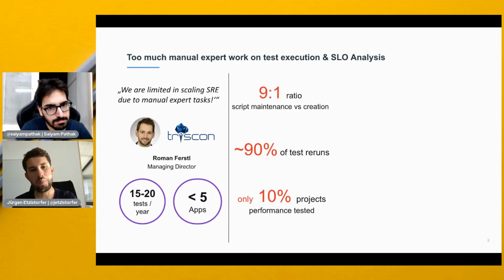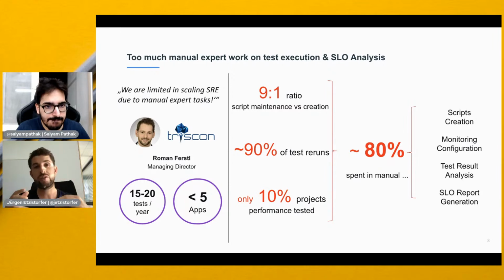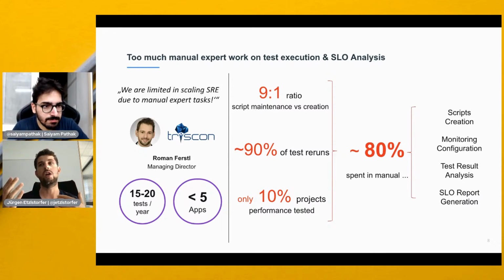So they have a bad ratio between the maintenance of scripts and the creation of new scripts, automating new scripts and onboarding new applications. They spent a lot of time with the creation and maintenance of scripts, with the configuration of the monitoring, and with analyzing test results and generating reports to be able to compare different versions of microservices, how they behave, and which version is better and should run in production, for example.